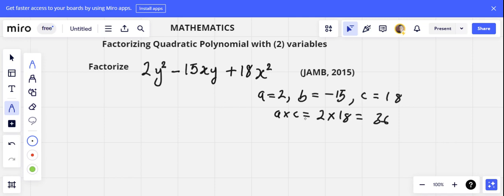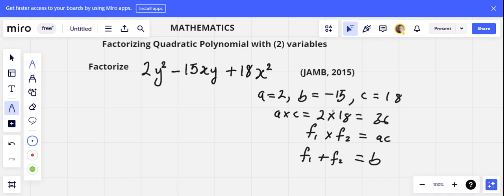From there, we look for two factors of 36, such that if we multiply them, f1 times f2, it gives us ac, that is 36, and if we add them, it gives us b, which is minus 15.